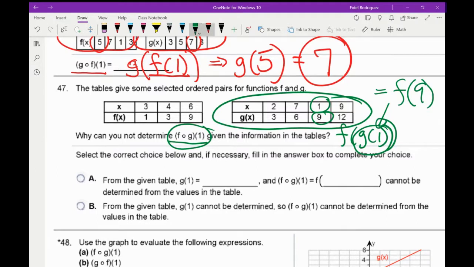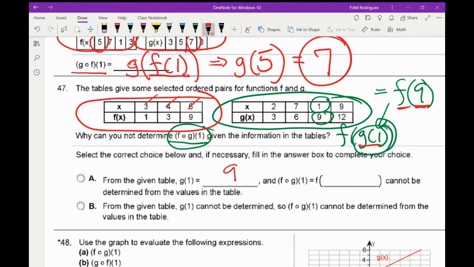Okay. So now we're going to figure out, well, what's f of 9? So we're going to come to this function here, and we're going to say, okay, when x is 9, what's the value of f? I don't have a value of f when x is 9, right? So that's why I can't figure it out. So it says, look, from the given table, g of 1 we said was the number 9.